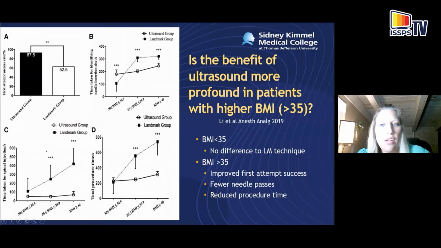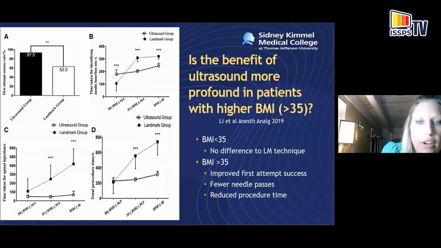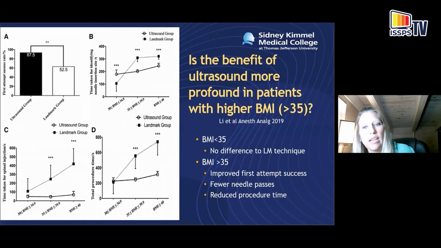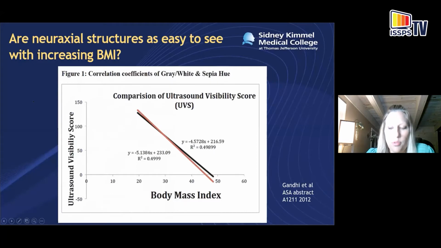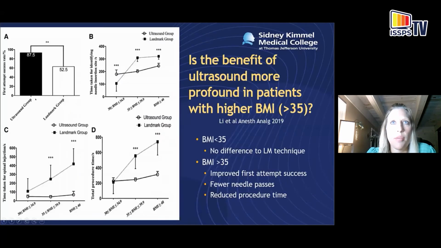But is ultrasound of greater benefit in all obese patients? And here, when the authors compared ultrasound to landmark technique in, again, obese parturients, we can see they were able to divide up based on BMI: the lowest BMI, 30 to less than 35, versus 35 to less than 40, to greater than 40.